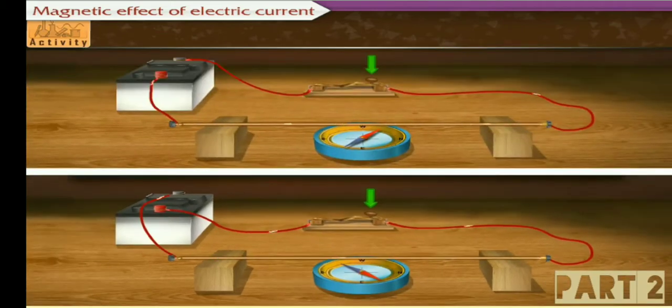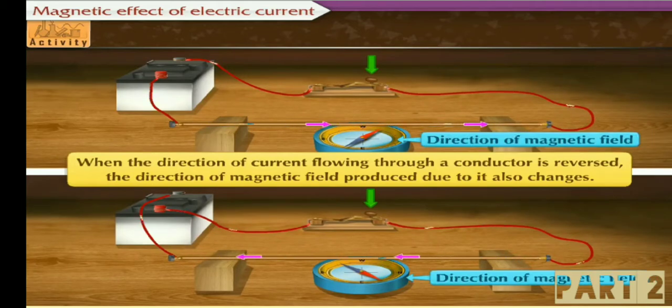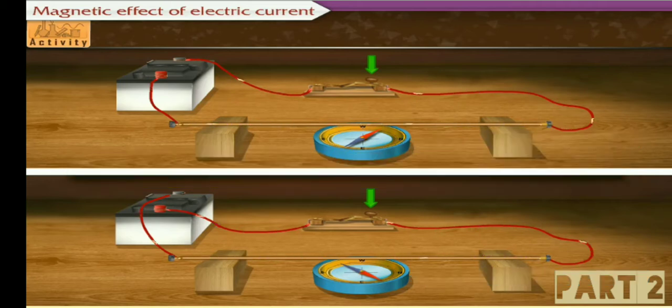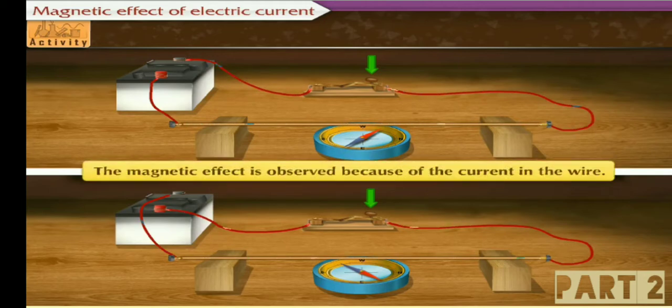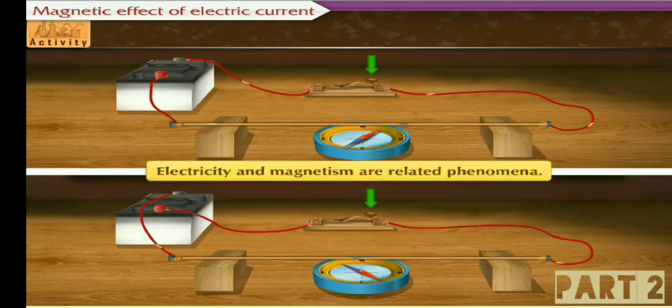This implies that when the direction of current flowing through a conductor is reversed, the direction of magnetic field produced due to it also changes. Thus, from this activity, we understand that the magnetic effect is observed because of the current in the wire. This means electricity and magnetism are related phenomena.